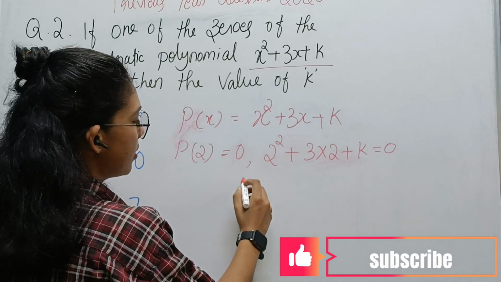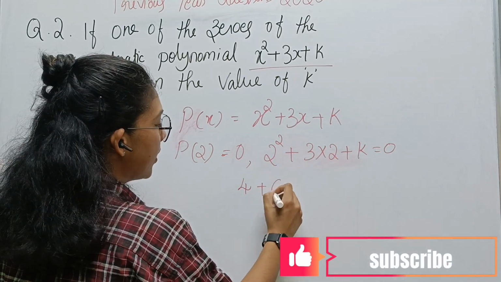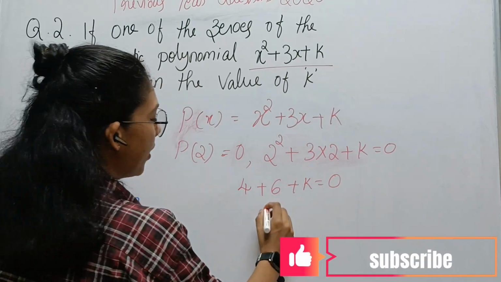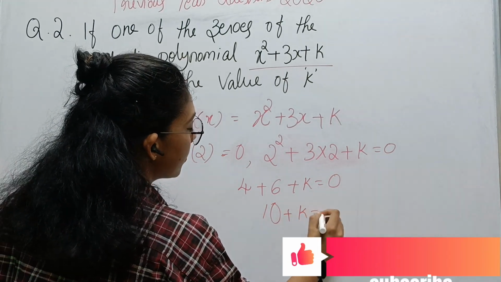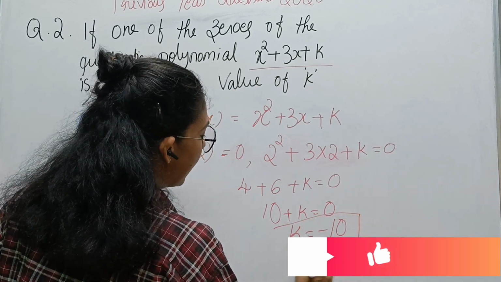So 4 plus 6, since 3 times 2 is 6, plus k is equal to 0. Now 10 plus k is equal to 0. Finally, k is equal to minus 10.